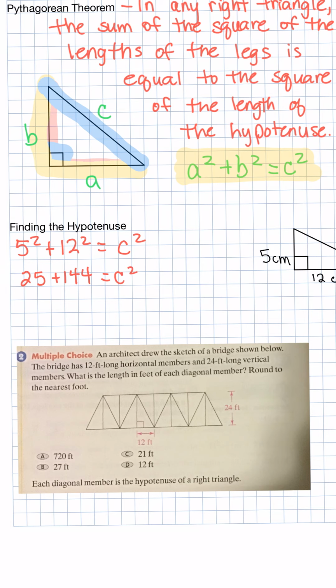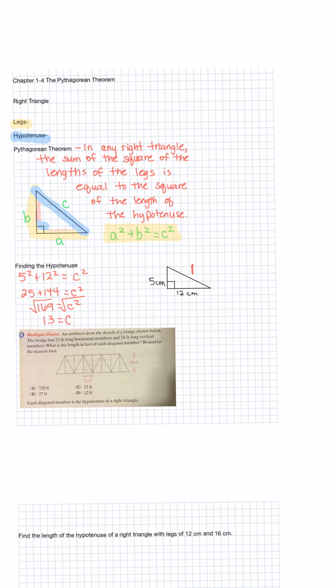We want to add those together. We get 169. Find the square root. Square root of C squared is C. Square root of 169 is 13. Therefore, the hypotenuse is 13 centimeters.